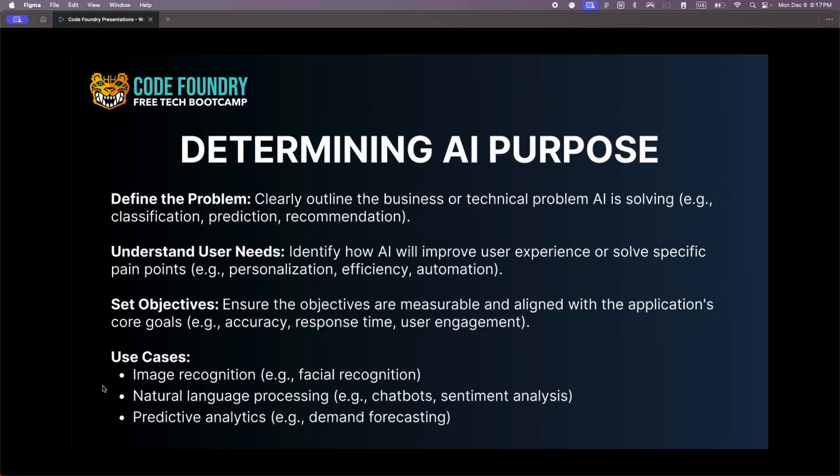And so a lot of the use cases that warrant using AI is image recognition, natural language processing for chatbots or sentiment analysis, and predictive analysis. So maybe, for example, predicting the next move of the stock market.